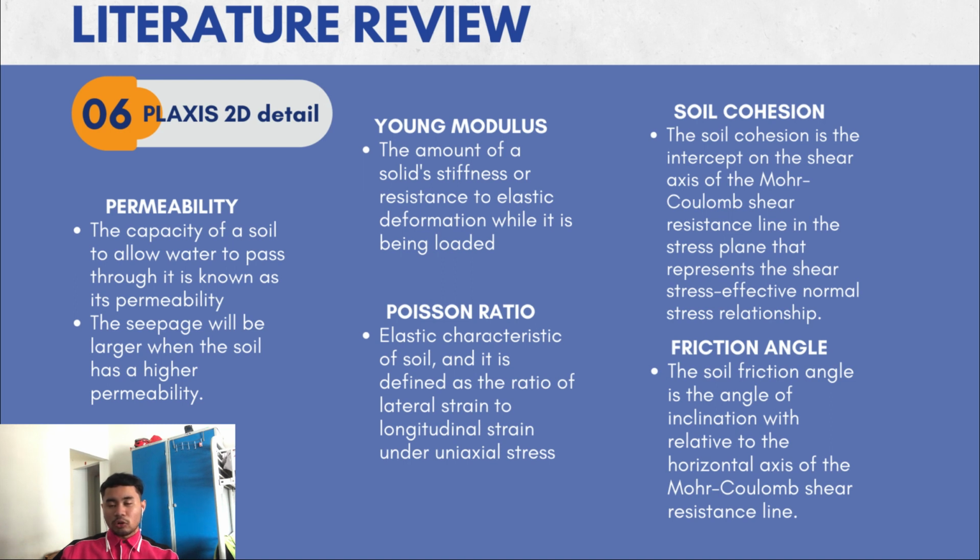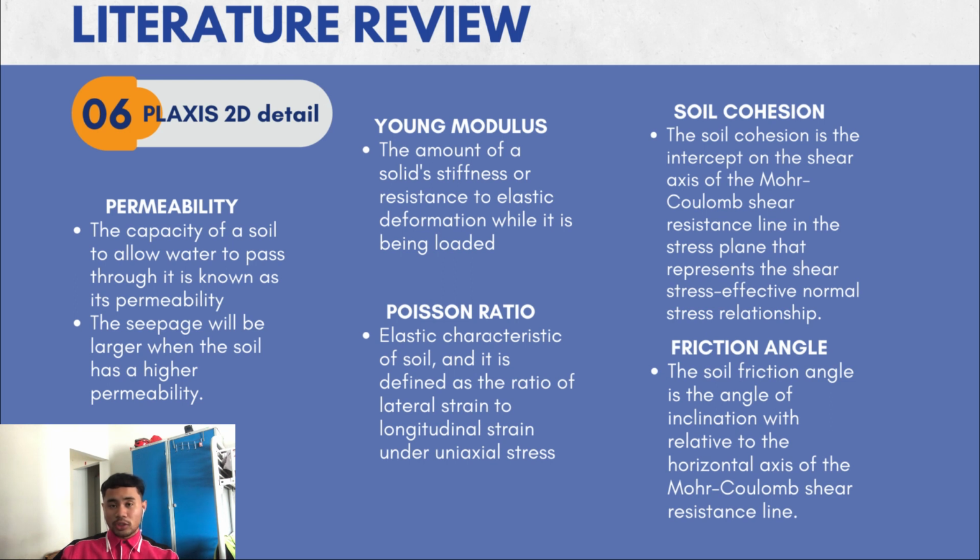Next is soil cohesion. Cohesion is a term used to describe the shear strength of soil. Soil cohesion is the intercept on the shear axis of the Mohr-Coulomb shear resistance lines in the stress plane that represent the shear stress and effective normal stress relationship.